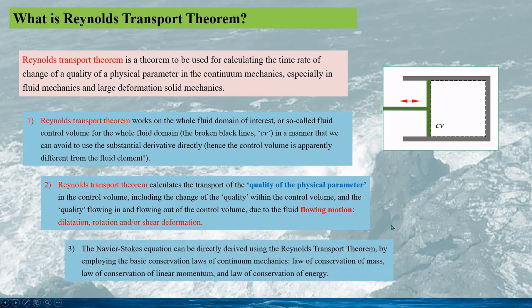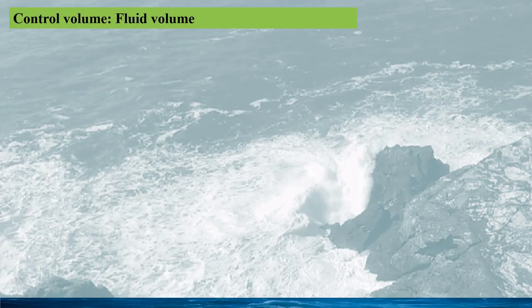The Navier-Stokes equation can be directly derived using the Reynolds transport theorem, together with the basic conservation laws of continuum mechanics, such as the law of conservation of mass, the law of conservation of linear momentum, or the law of conservation of energy.